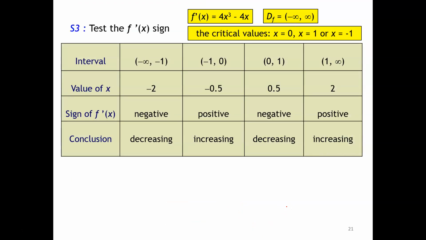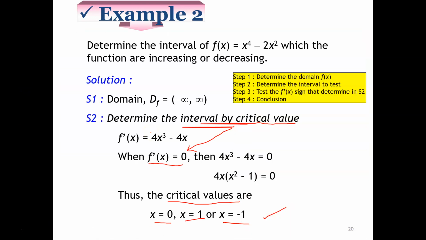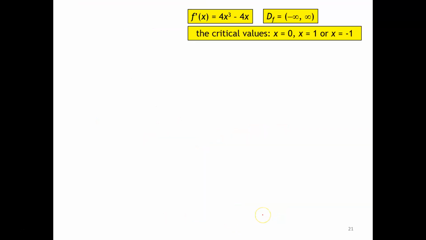So the third step mentioned that you need to test the f prime x sign. Okay, you need to test the sign, but you already found this one. You're going to determine your interval. So you already have x equal to 0, x equal to 1, and x equal to negative 1.